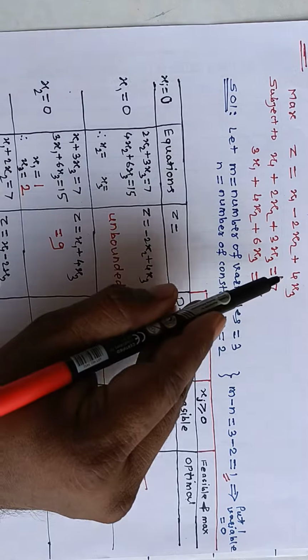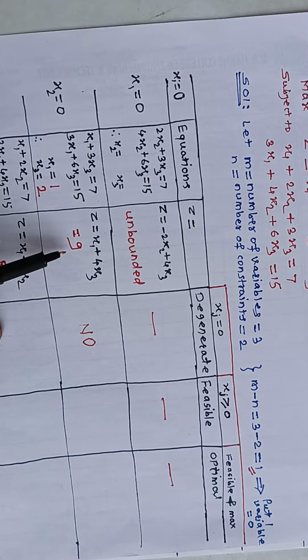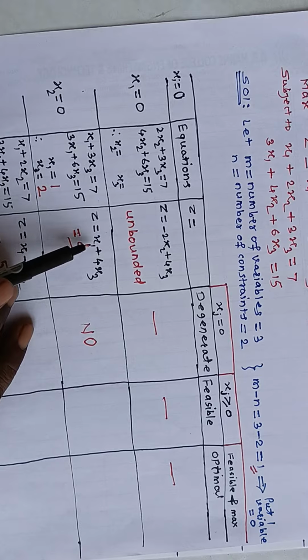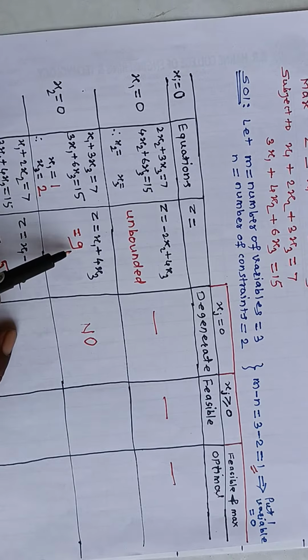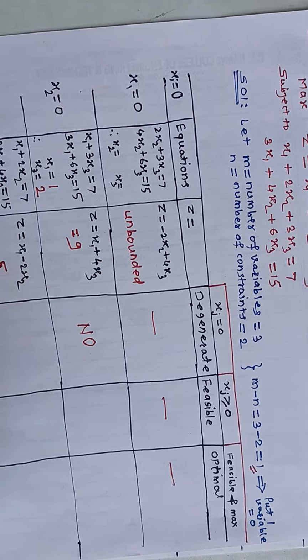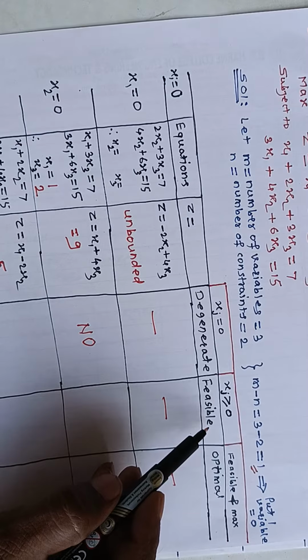If we substitute x1 is equal to 1, x3 is equal to 2 and x2 is equal to 0 in the objective function, then you will get the value of z, that is x1 plus 4 into x3, 1 plus 4 into 2, that is 9. Is this degenerate? No, because no one value is 0. Then is this solution feasible?